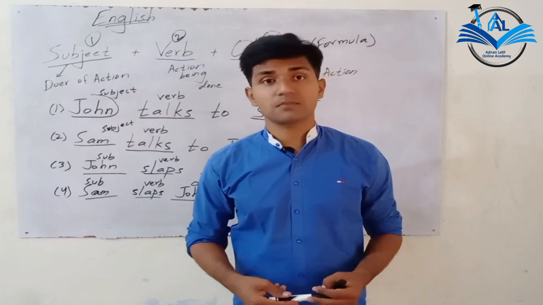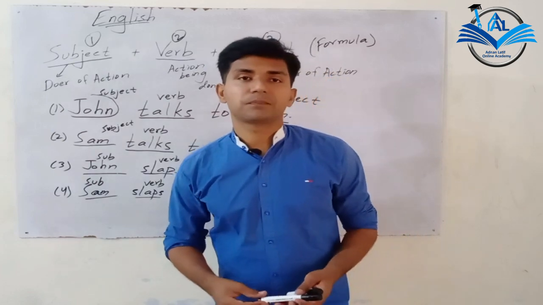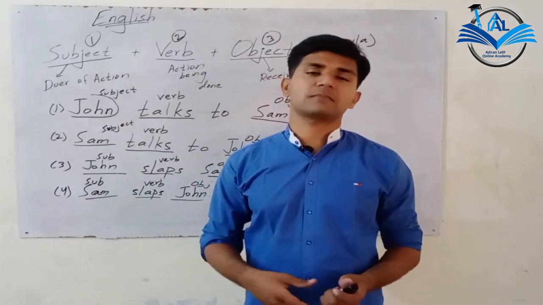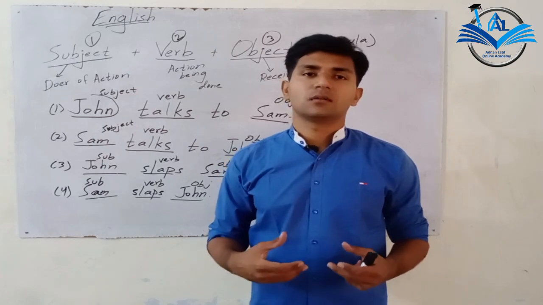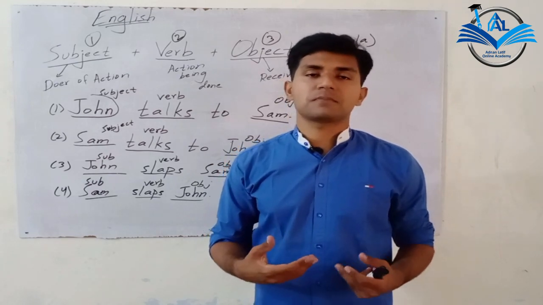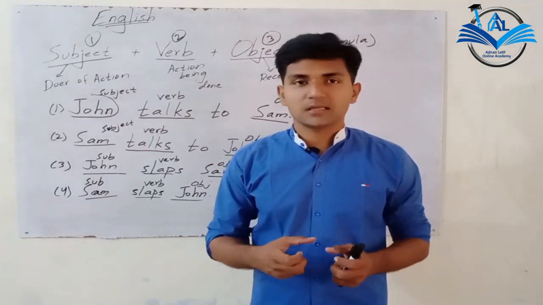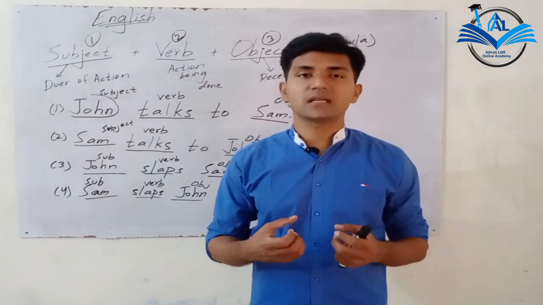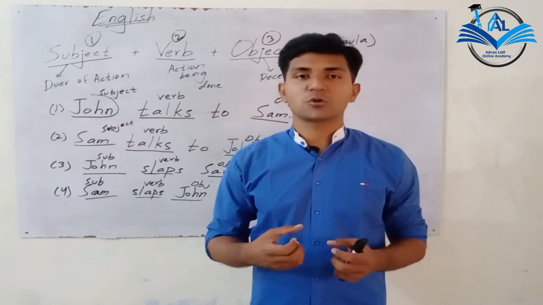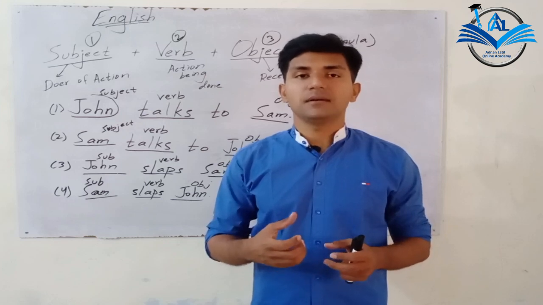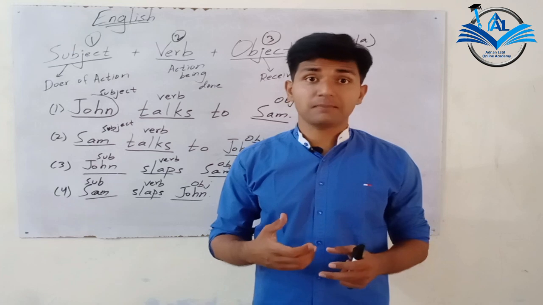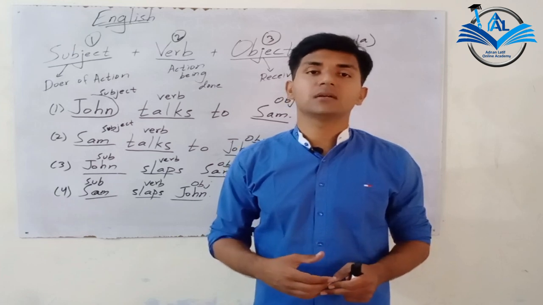Some other examples we take from our daily life. For example, there is a person whose name is Jack. So Jack eats apple. Here apple is object because the apple is being eaten by Jack.